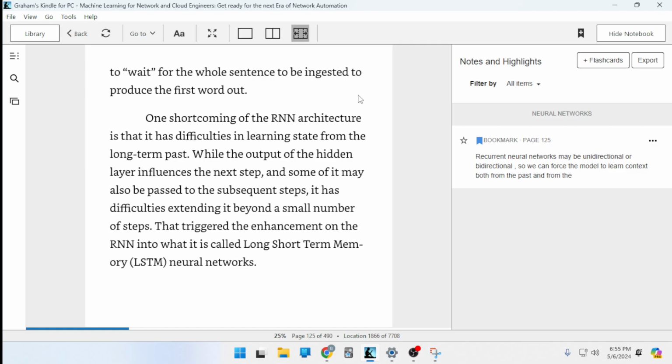While the output of the hidden layer influences the next step, and some of it may also be passed to the subsequent steps, it has difficulties extending it beyond a small number of steps. That triggered the enhancement on the RNN into what is called long short-term memory, LSTM neural networks.